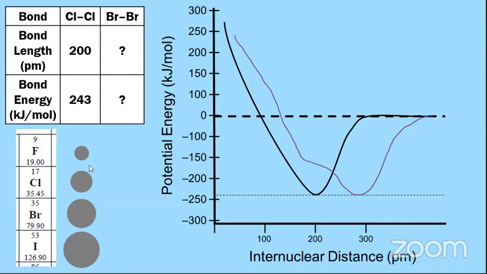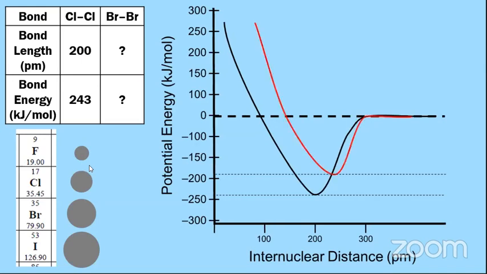So I think what's going on here with respect to the bromine comparison is that it should be a longer bond because bromine is larger than chlorine, and it should be easier to break. So this is the curve that you should have drawn. And if the AP exam asks you a question like this, it's possible they might make this worth 2 points.